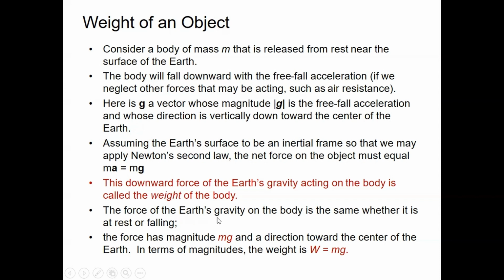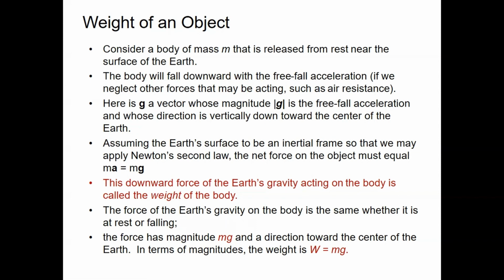The force on our body due to Earth's gravity is the same whether it is resting, falling or moving. The force has the same magnitude m into g, and its direction is always towards the center of Earth. In terms of magnitudes, the weight is W equal to m into g.